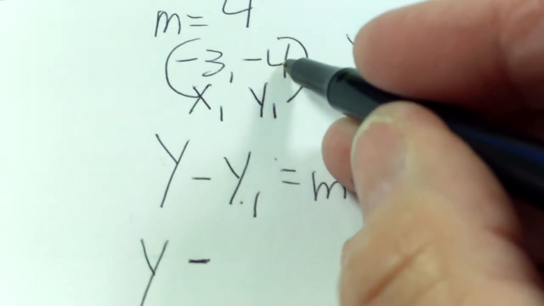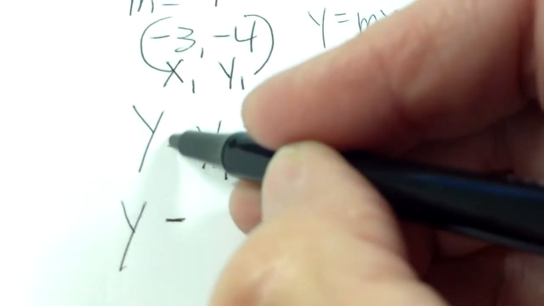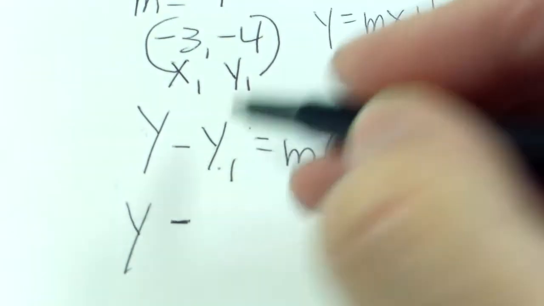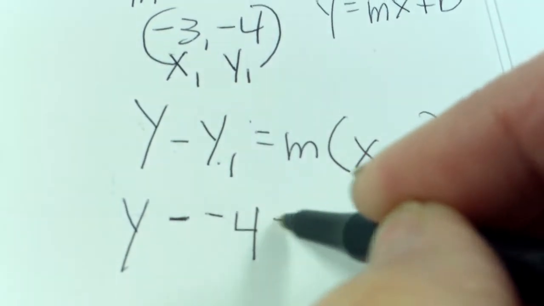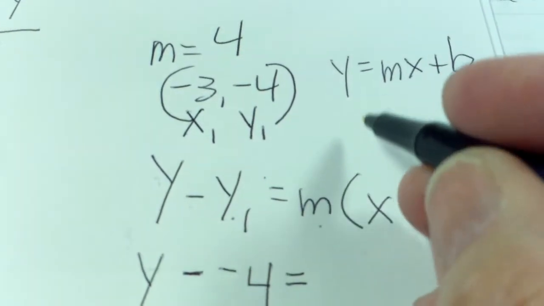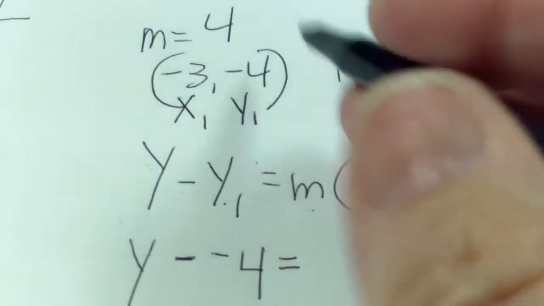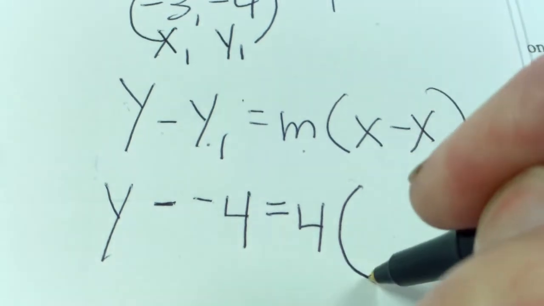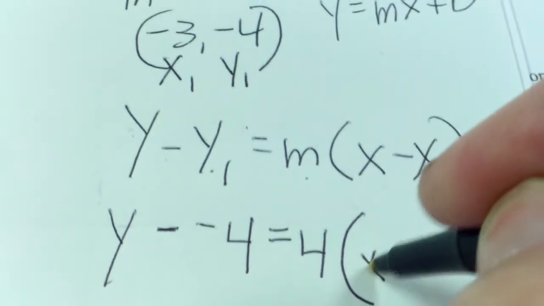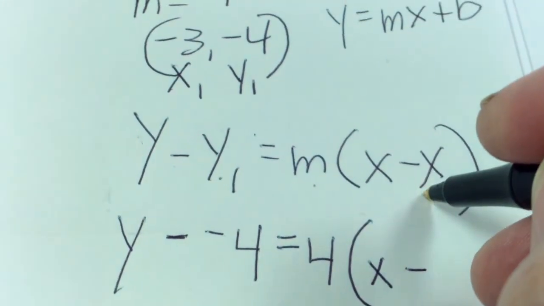Look, y sub 1 is already negative, so we're going to subtract something that's already negative. We're going to subtract a -4, and that's going to equal m, our slope, which is, where's our slope? 4. So it's going to equal 4 times the quantity, plain old x, minus x sub 1.